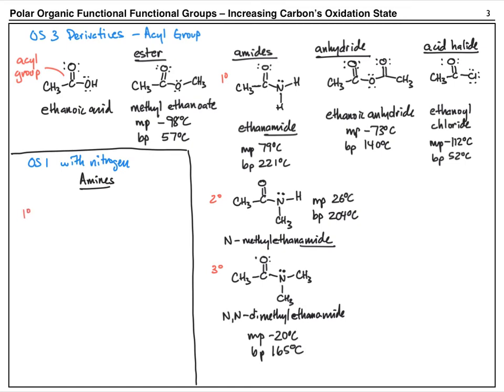So there's primary, there's secondary, and there's tertiary. So if we're just going off the 1 carbon unit CH3, sigma bond to nitrogen, NH2, this would be called methanamine.